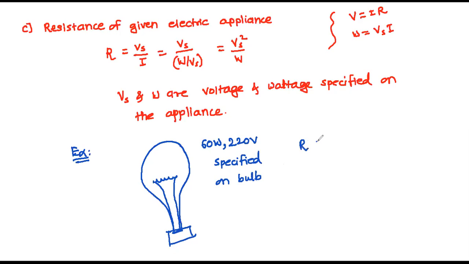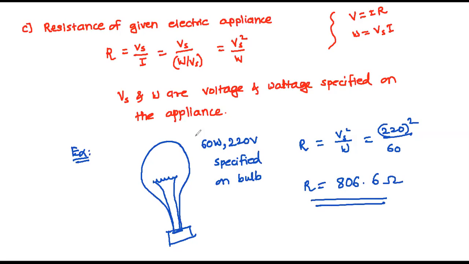So how to find the resistance here? Vs square by W. Vs is how much? 220 square divided by 60. If we do this, how much are you getting? Check it. You are getting something like 806.6 ohm.